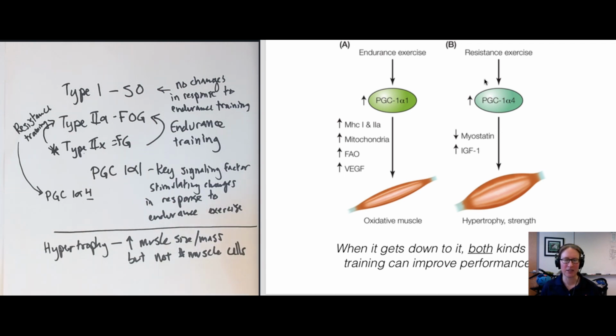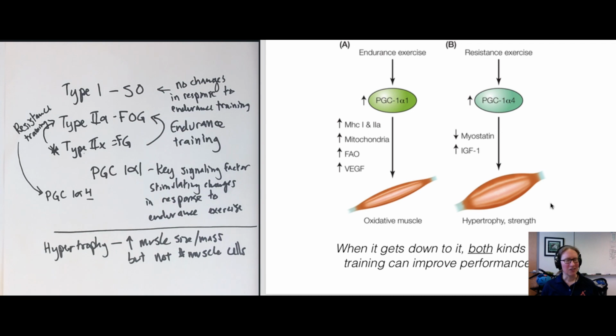And then by comparison, during resistance exercise, there will be an increase in PGC1-alpha-4 signaling. That will lead to a decrease in a factor known as myostatin, which I'll talk about a little bit more in a little while, and also an increase in insulin growth factor 1, which will stimulate muscle hypertrophy and an increase in muscle strength.